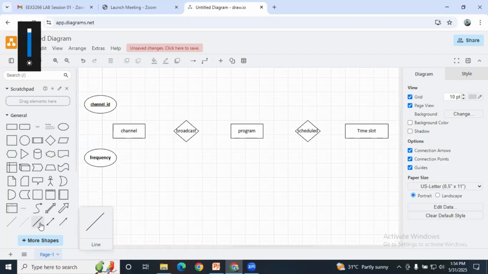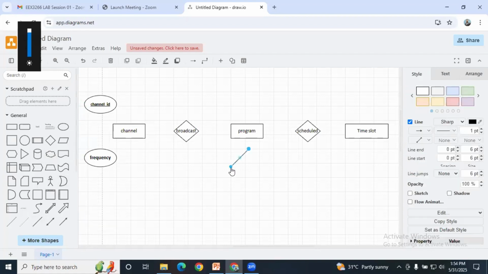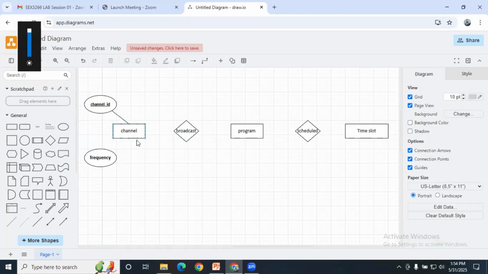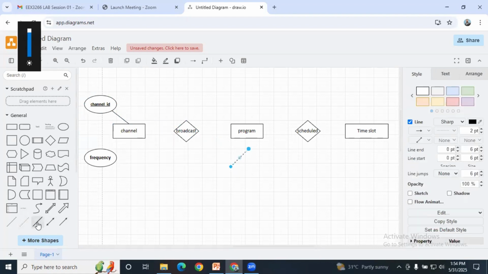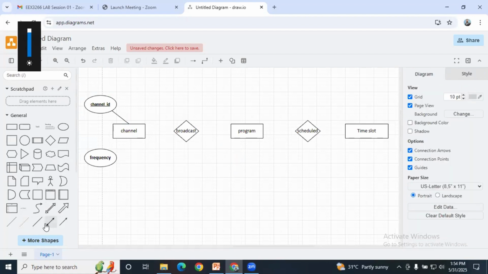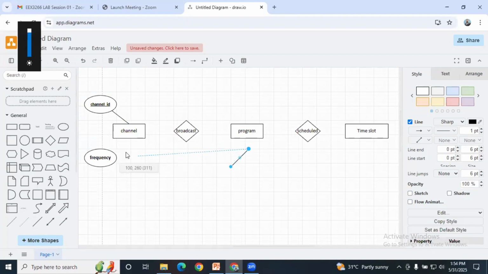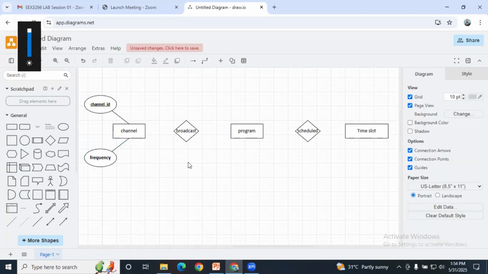So you can get the solid single line and assign those attributes for the channel entity.